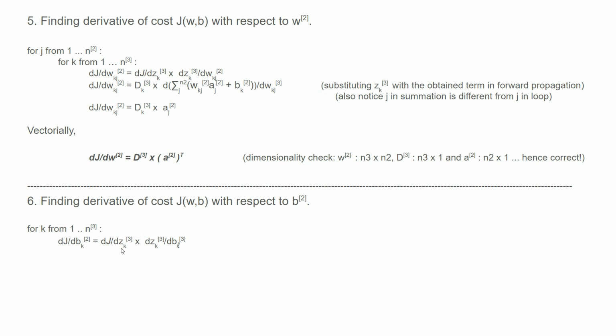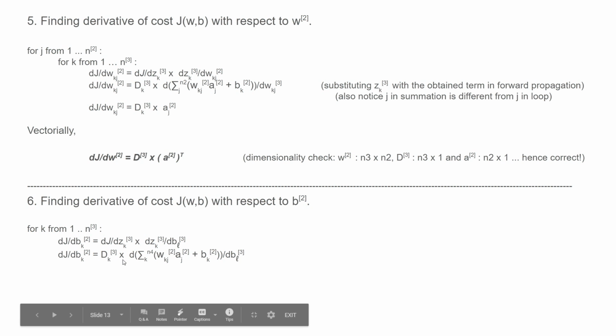Here we break the differentiation with respect to z_k3. This whole representation will be replaced as d_k3, and z_k3 is substituted from the forward propagation as the summation.